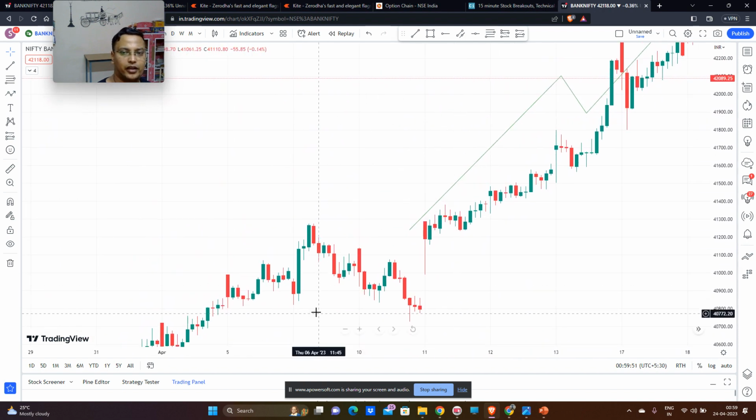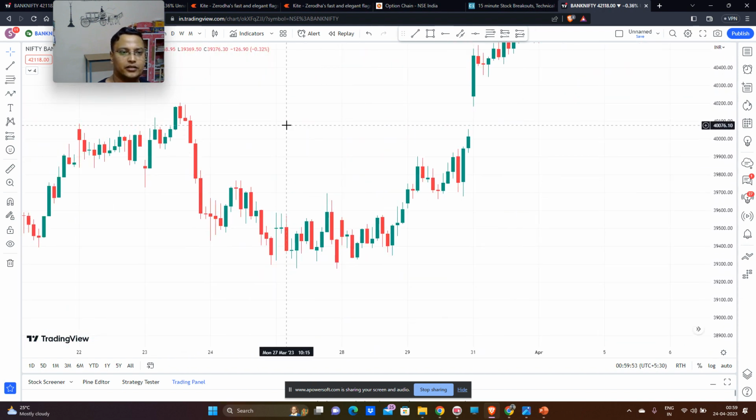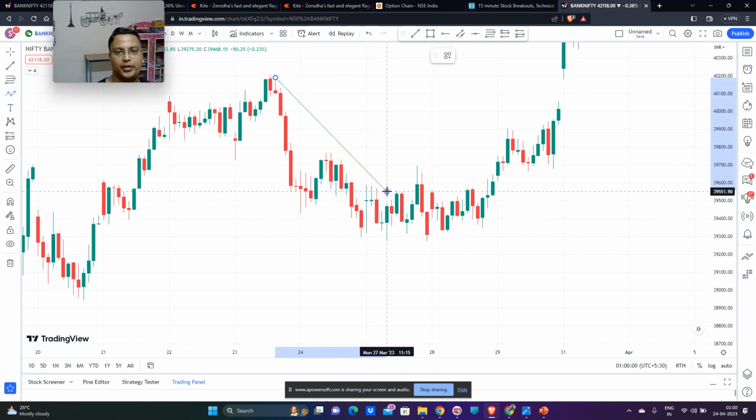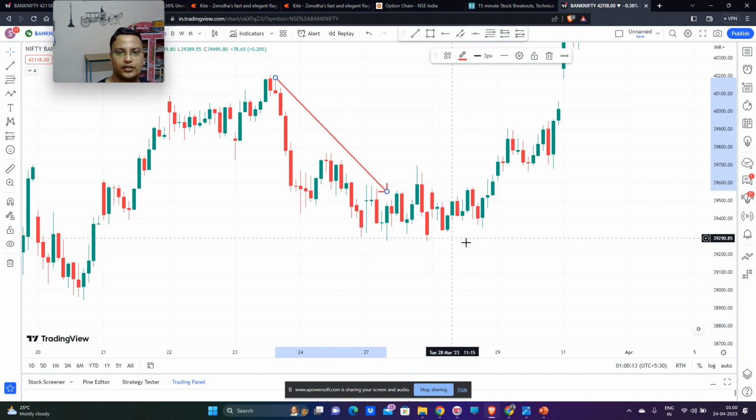Now again, if we go a little back, look at this phase. Here you can say that the bears are in control. That is why all the candles that you see are red in color. Most of the candles are red in color. This is the direction.